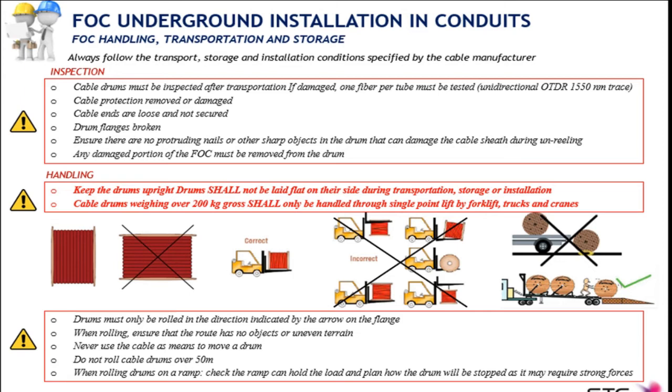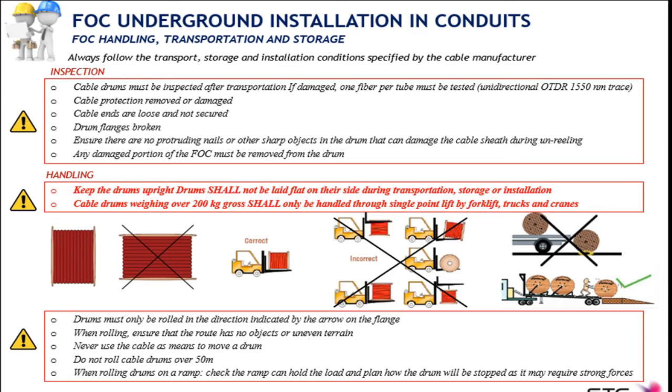These cable drums have a rotation direction indicated on the side of the cable drum. They must roll in that specific direction indicated by the manufacturer. Then when you are rolling the drums, make sure that there is no object or uneven terrain that may jeopardize the integrity of the drum or the cable.